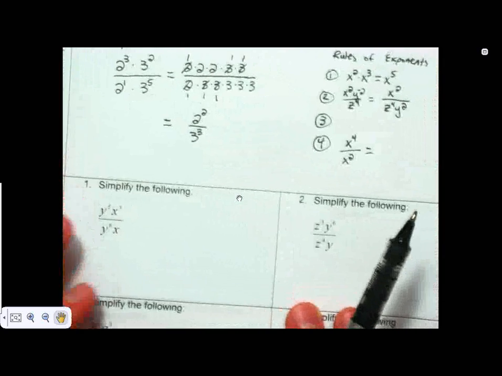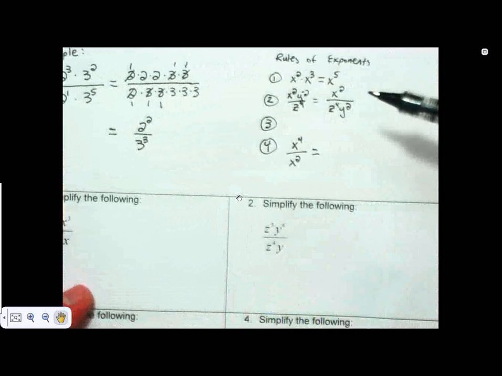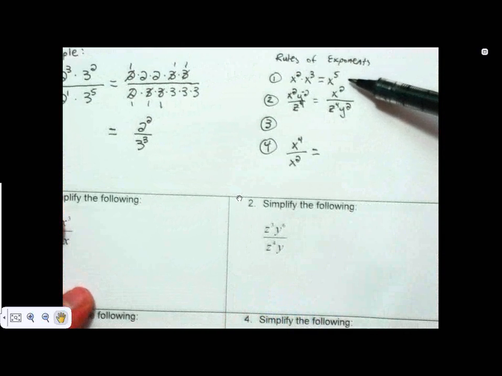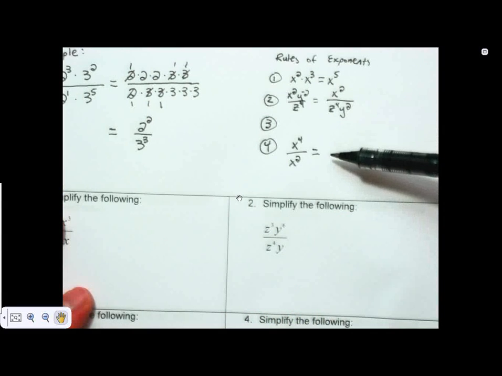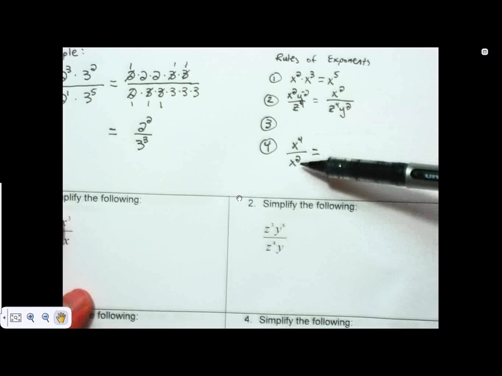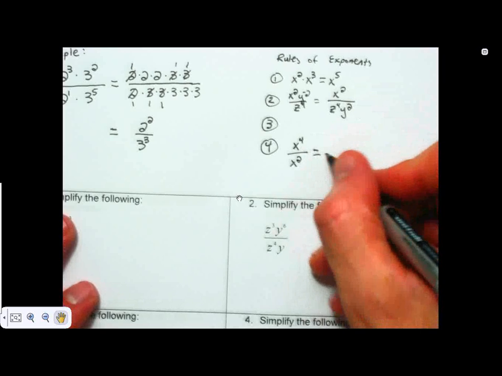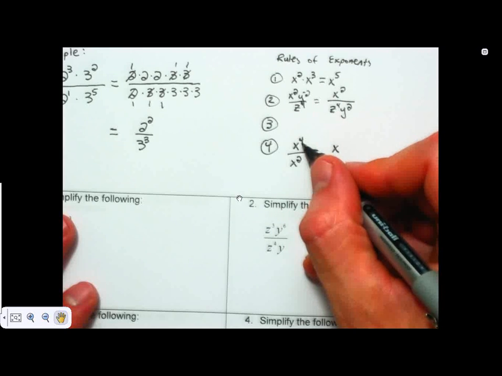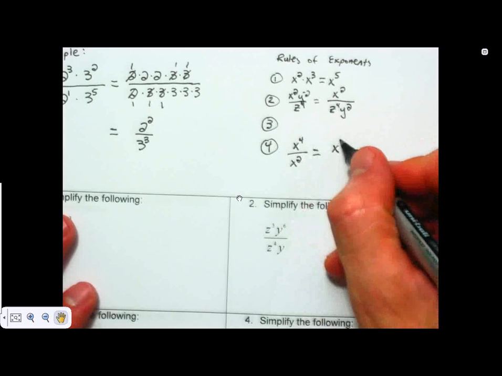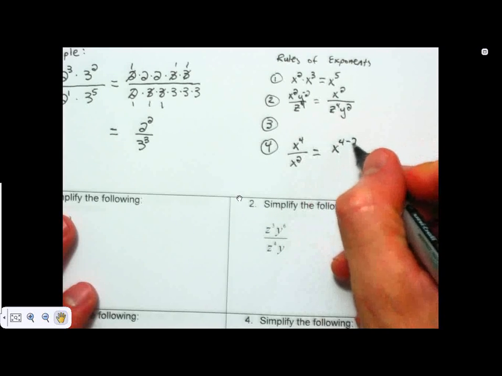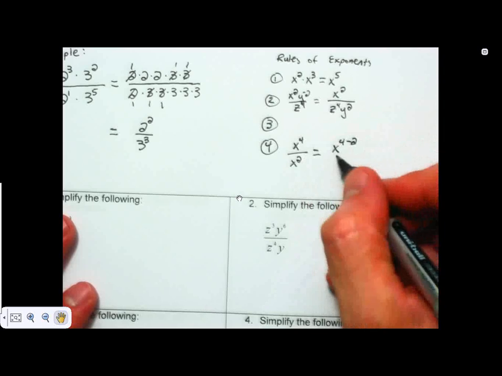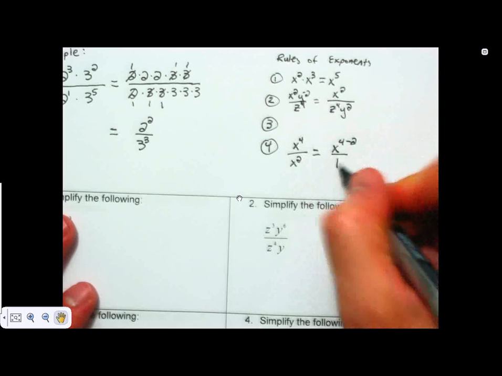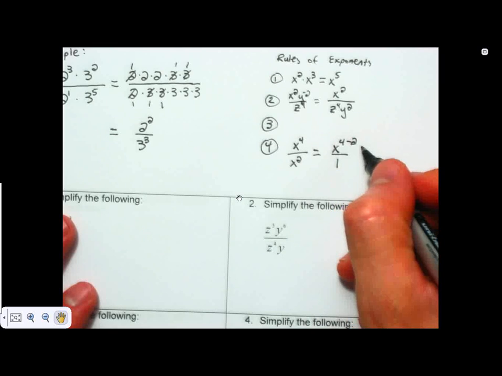So we've already talked about a number of rules of exponents. And I'm going to add one more, which is if you're dividing by like bases, the shortcut is that we can subtract exponents. In this case, since we have more factors of x on the top, I know that what I'm going to end up with is just x's on top.